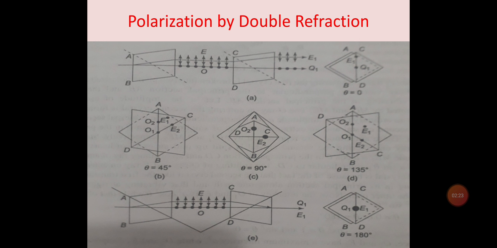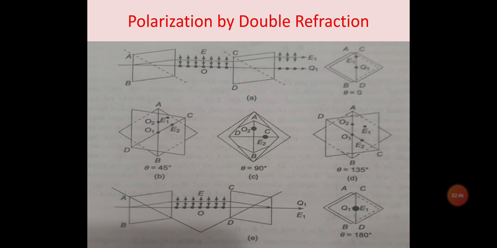Now you can see that in the second case, if we rotate the second crystal about the incident ray as axis, then the O ray and E ray from the first crystal each split up into two parts, giving rise to four images.